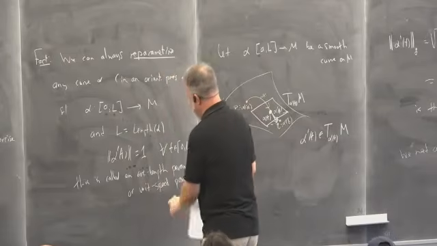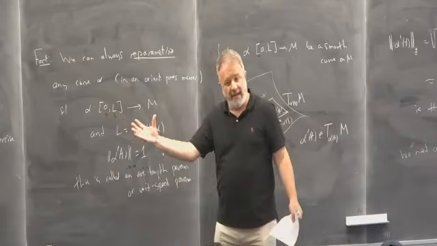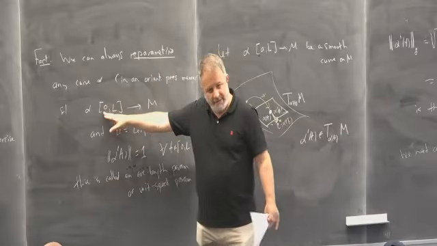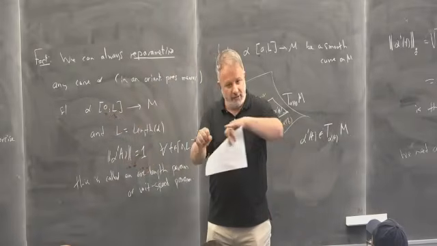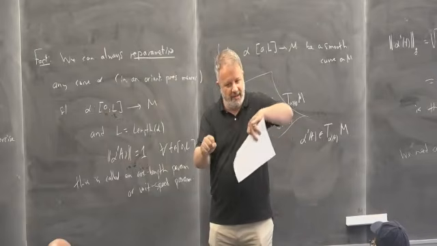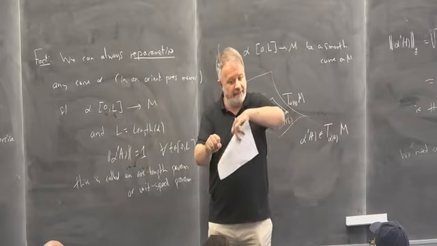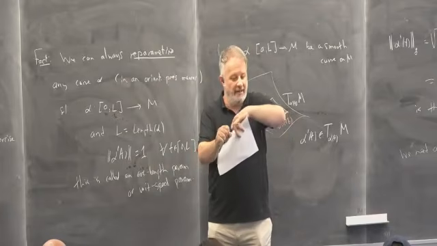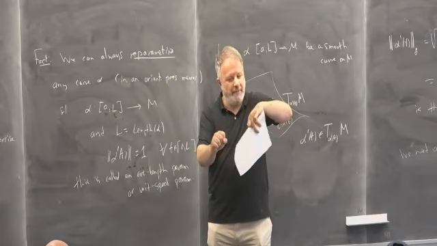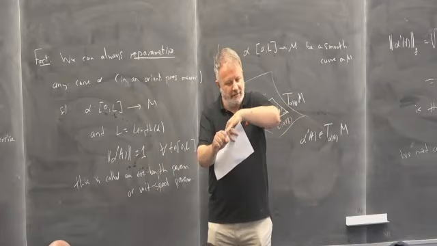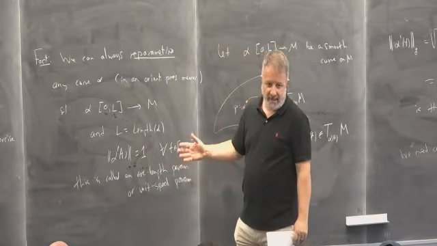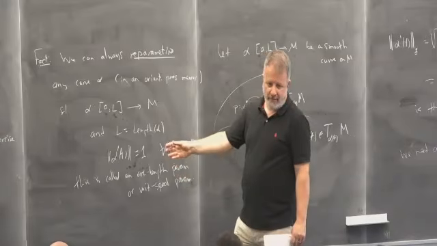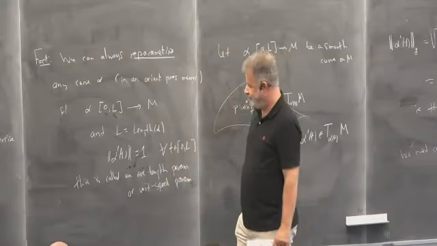And you can see why it's called arc length, because if you measure the length of it just from time 0 to time t, because the speed is 1, you're going to get t, right? So that parameter t is giving you the length of the curve from time 0 to time t. So we're always going to assume, unless I say otherwise, that our curves are parameterized by arc length. Okay.